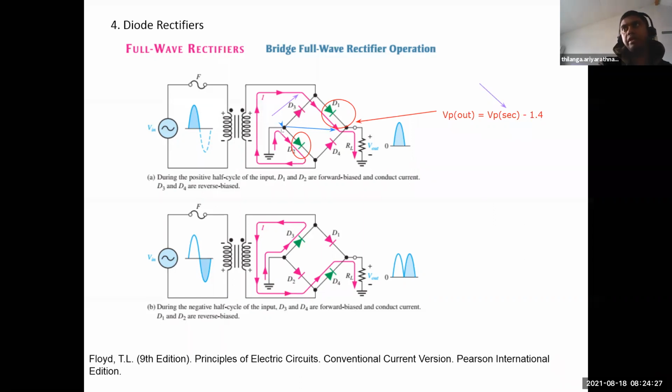Now, when it comes to this point, we have the D1 voltage drop as well. If you remove that voltage drop from this term, we should get the PIV rating, which equals Vp out.